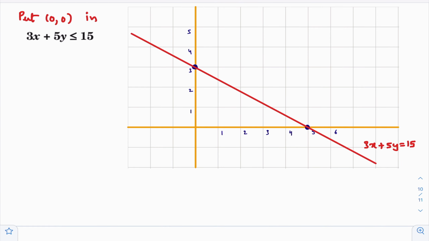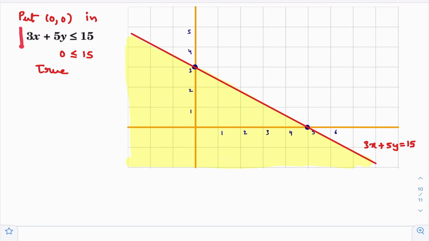Then you can observe that 0 plus 0 is less than or equal to 15. So you got 0 less than or equal to 15. Is 0 less than 15? Yes, 0 is less than 15. So you got true. Once you got true here, which side we need to shade? When we got true, we'll shade this side. So you shade this side.